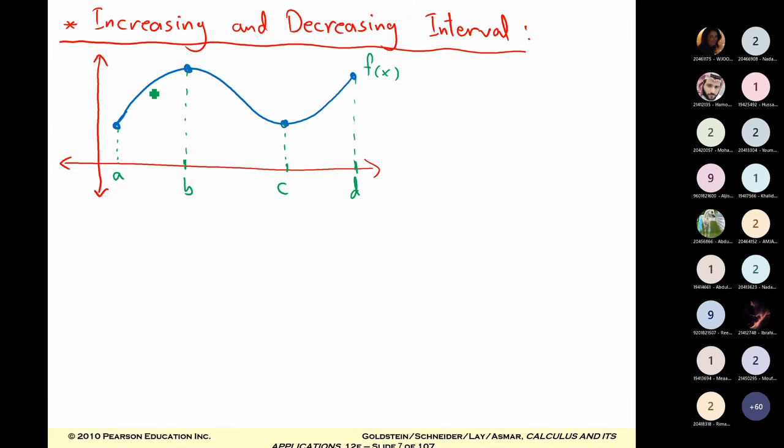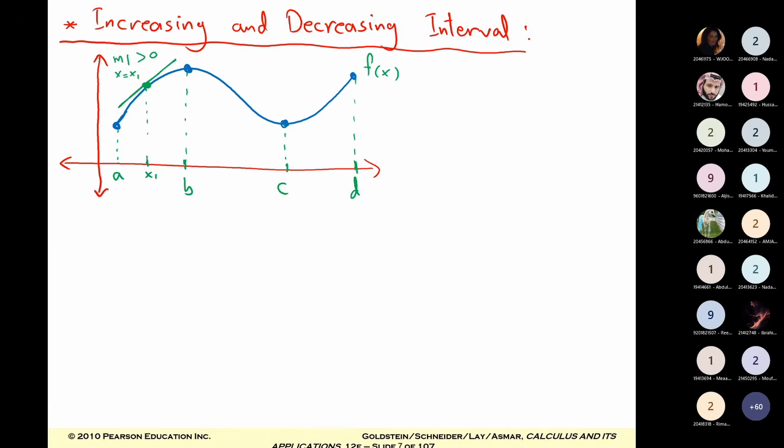Look at this point, for example. If we have here x1, this is the tangent line. The tangent line has a slope m at x equal x1, and this is greater than 0. So we have positive slope.